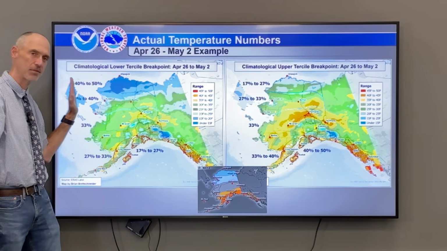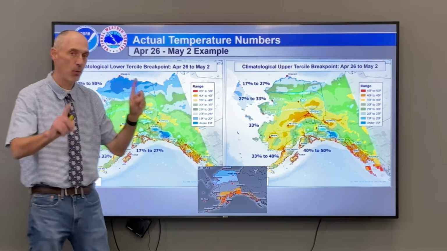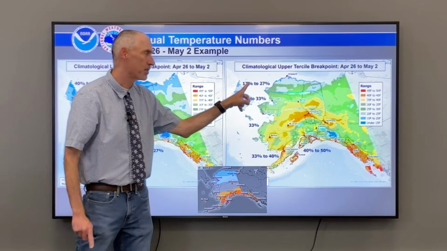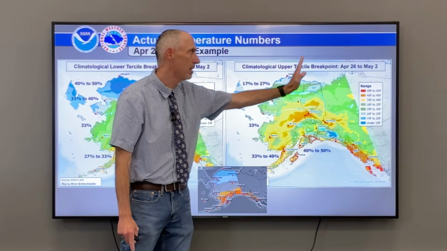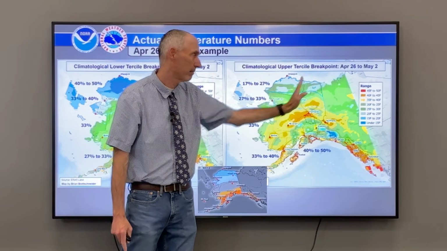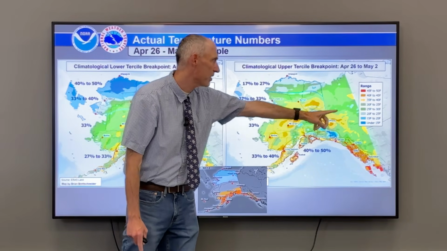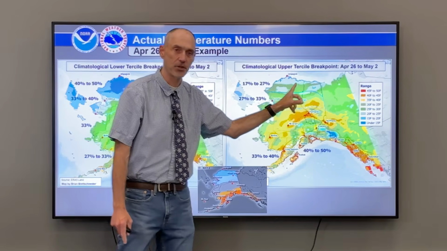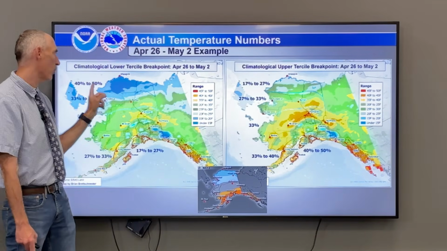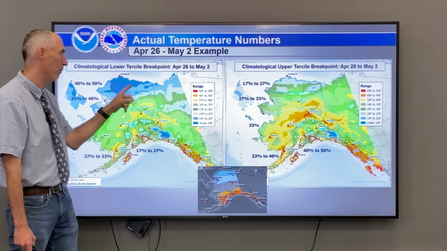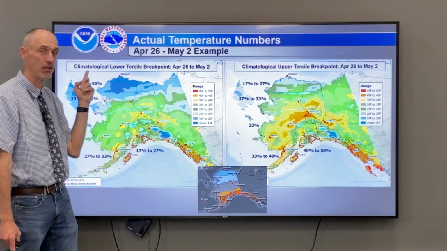So that's one side of the equation. But we're also saying that there's a 17 to 27% chance that we are above that upper tercile break. Okay, so above, in this case, 25 to 30 degrees, there's a 17 to 27% chance. But we're also saying there's a 40 to 50% chance that we'll be below 15 degrees.